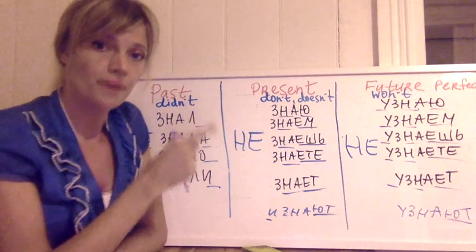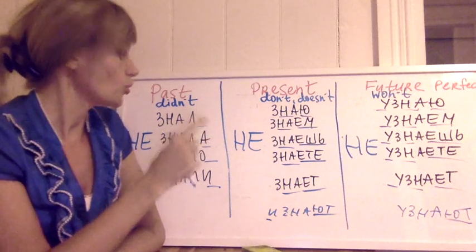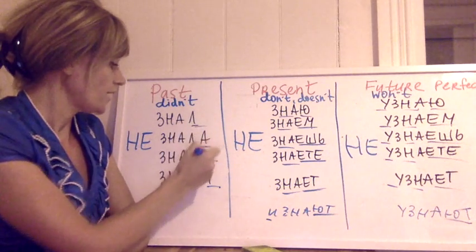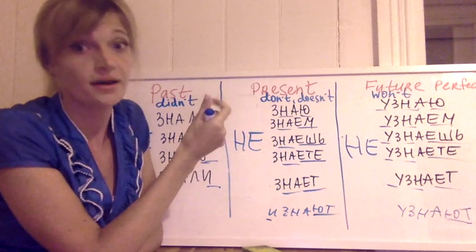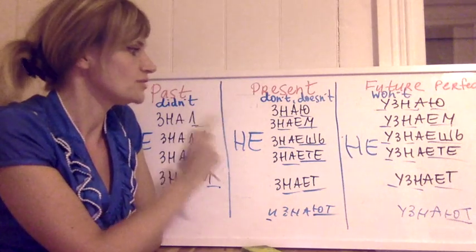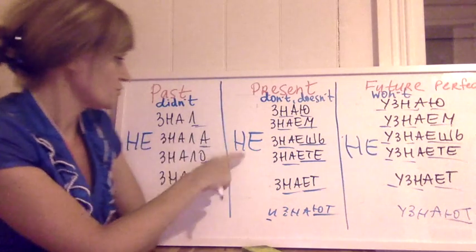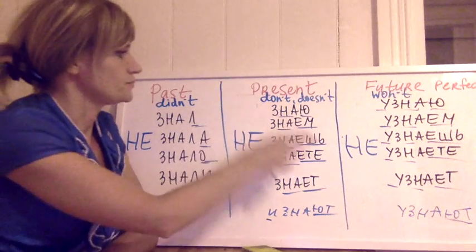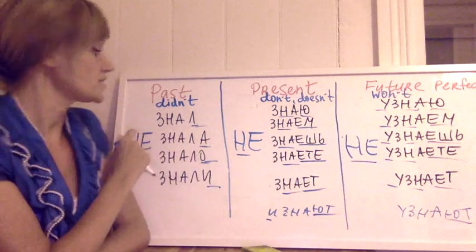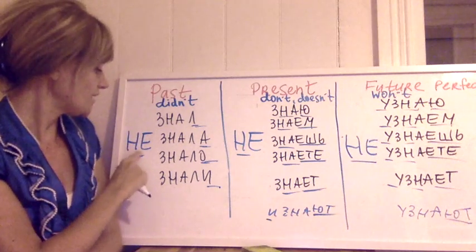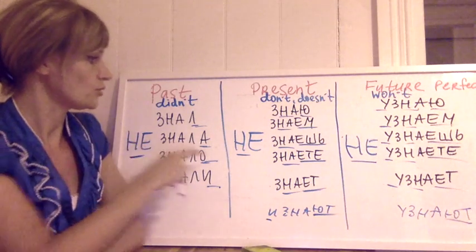Because the whole impact goes to endings in the past, in the present, in the future, and that's enough. So we don't actually need to get into dramas here. They're gonna be exactly the same everywhere. So if you want to say I didn't know, я не знала, I didn't know.